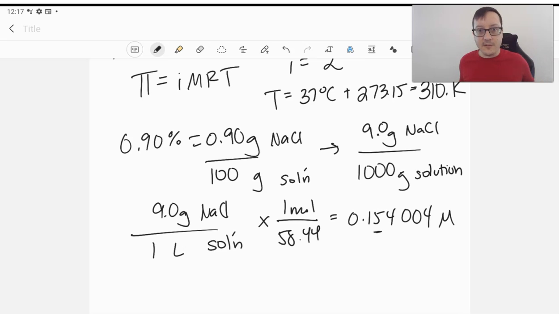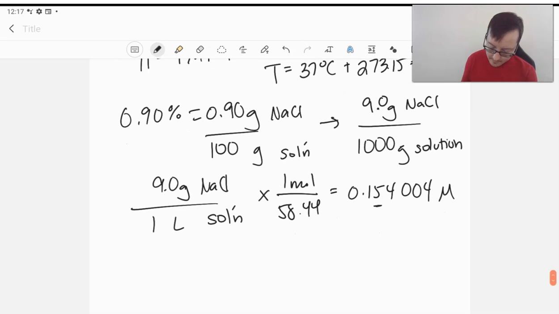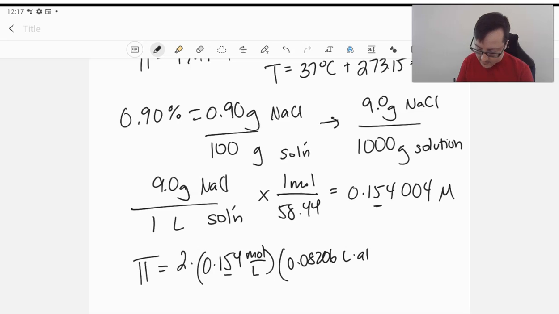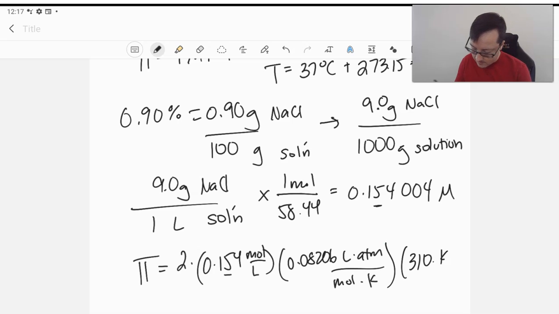Now we can plug all this into our equation. So pi, osmotic pressure, is 2 times 0.154 molar, and I'm going to put out the units so we can see how they all cancel out. We have 0.08206 liter atmosphere per mole Kelvin, and 310 Kelvin.